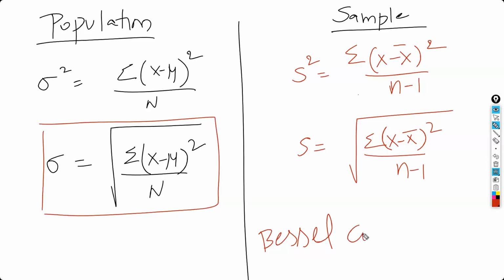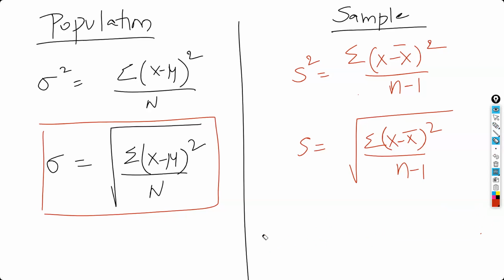This is called Bessel correction. Why did I tell you the scientist's name? Because Bessel correction is an interview question. What is meant by Bessel correction? Bessel rectified the formula of sample variance and sample standard deviation, using n minus 1 instead of small n.